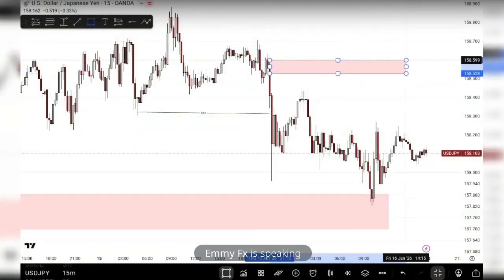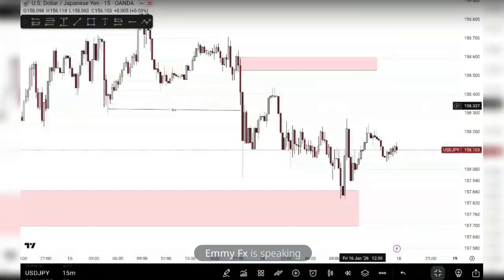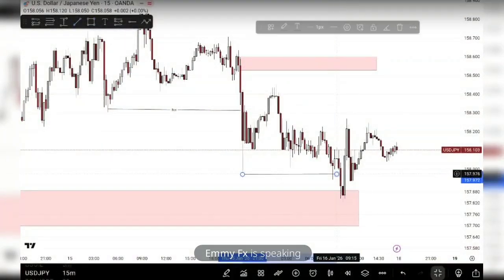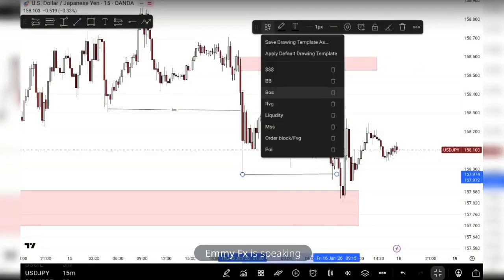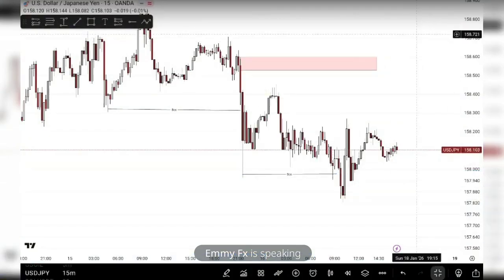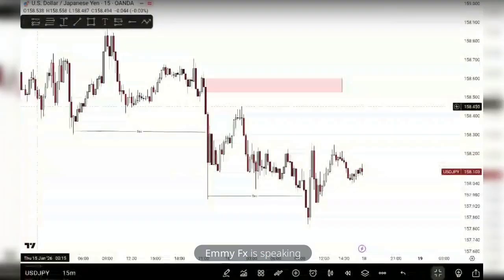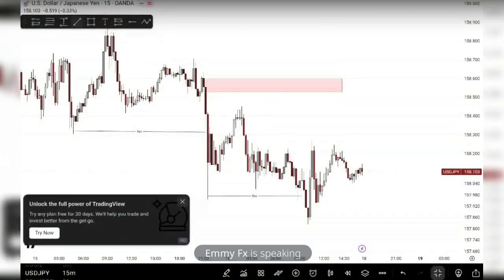Price neglected to tap this order block, and we also have this structure to tap that order block. Can you see how the market is going? This order block is going to be it.